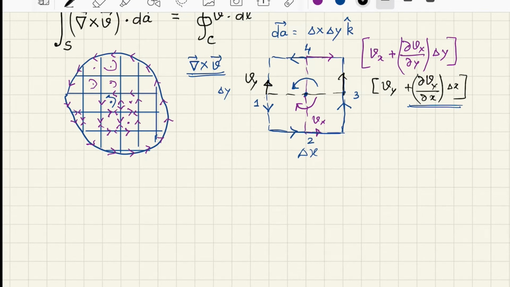We can write down the extra amount as delta Vy by delta x times delta x, over delta y.